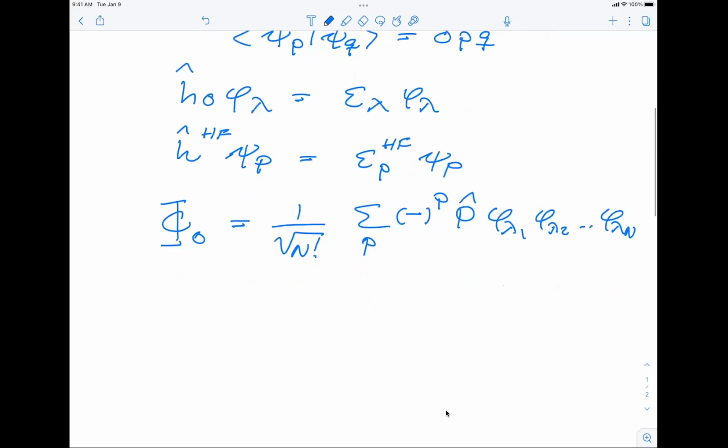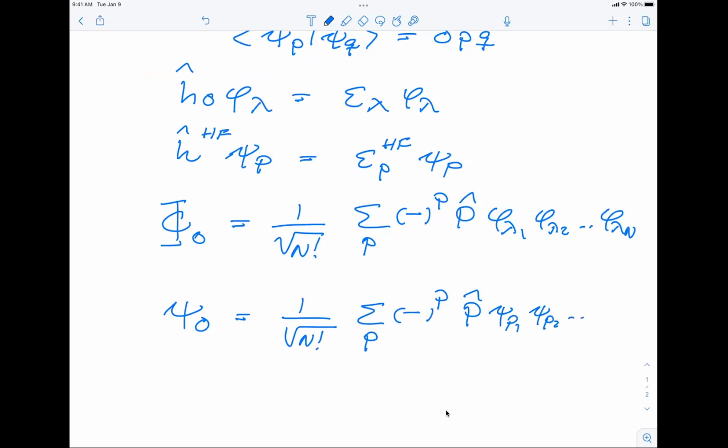And we are going to do the same with the p's. So the new Slater determinant, we call this psi 0 here, is now going to be given by the new basis set, with (-1)^p, all the possible permutations, and then I have psi p1, psi p2, up to psi of p of n. So the number of single particle states is the same as before.